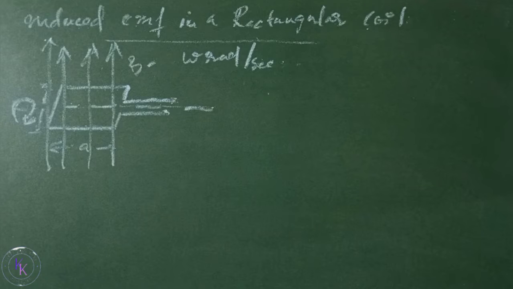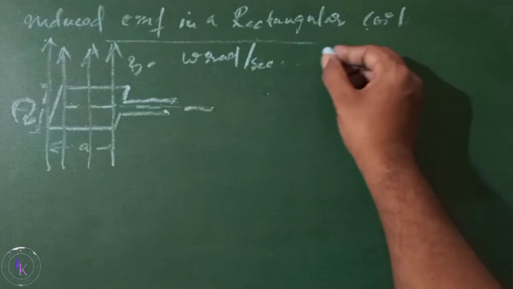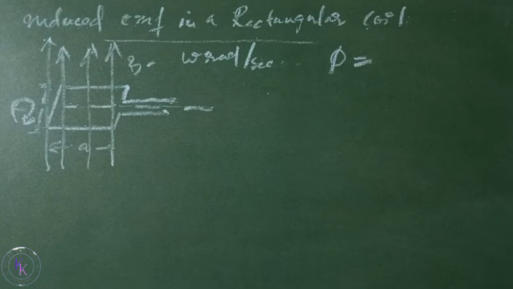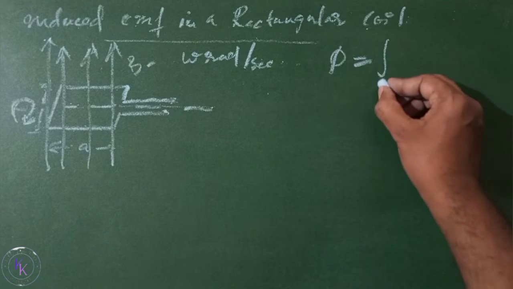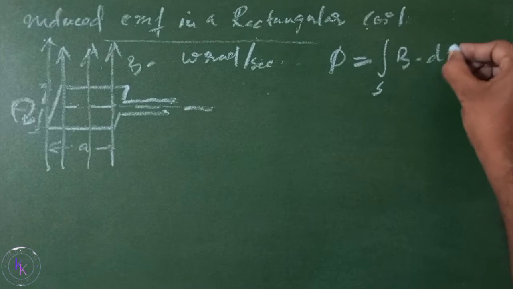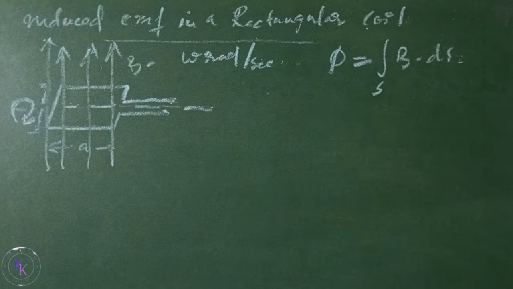The EMF induced in the coil is maximum when the coil sides cut across the flux perpendicularly, and no EMF is induced when the coil sides move parallel to the field. The flux linking the coil at any instant is given by phi equals the surface integral of B dot ds, where ds is the normal component of the surface.